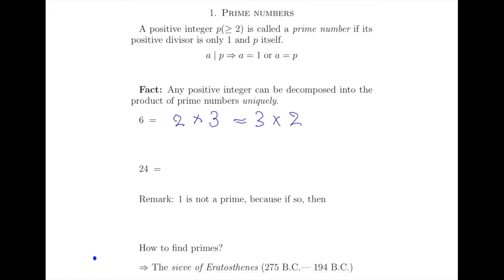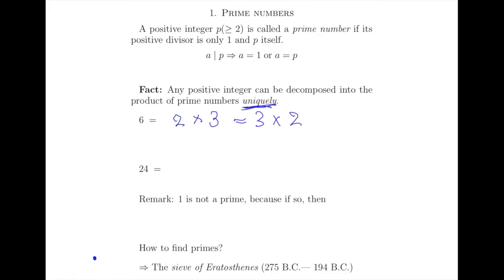But in these decompositions, the difference is only the order of the two numbers, 2 and 3. So you can easily understand that these two decompositions are essentially the same. In this way, we understand that the decomposition into prime numbers is unique.